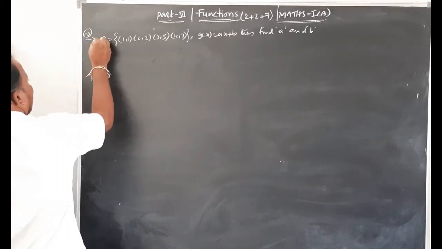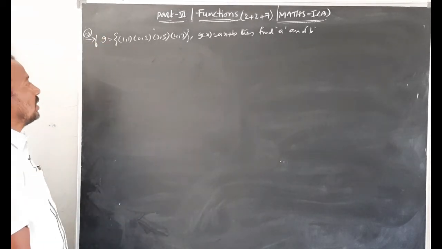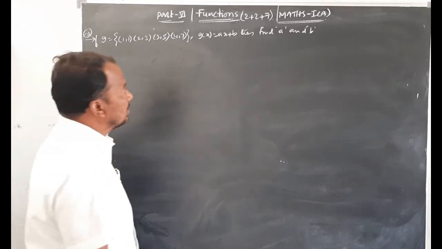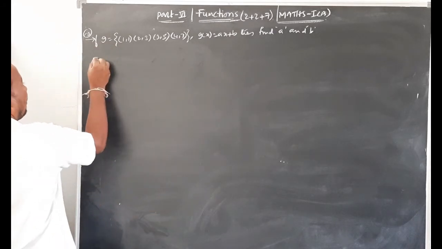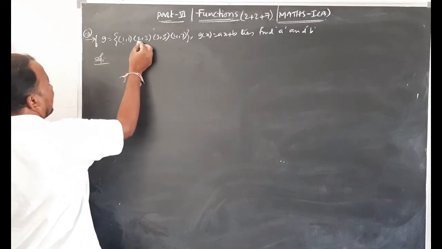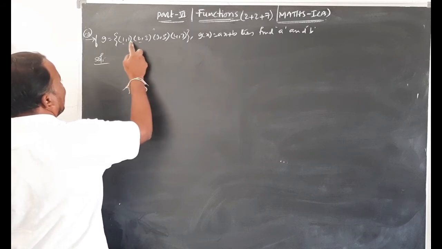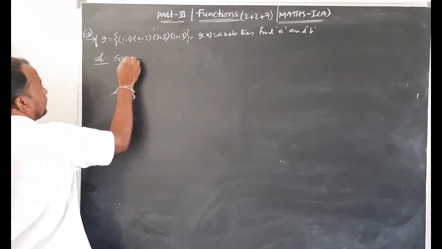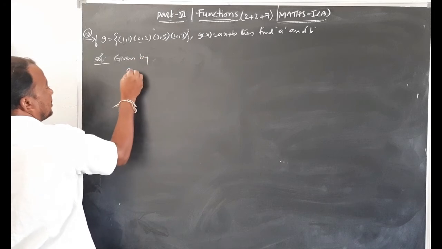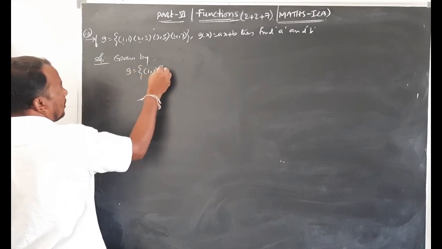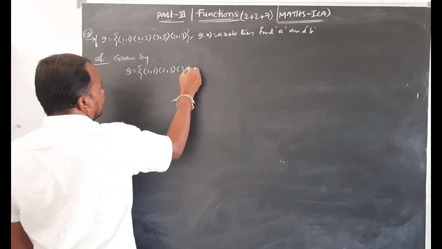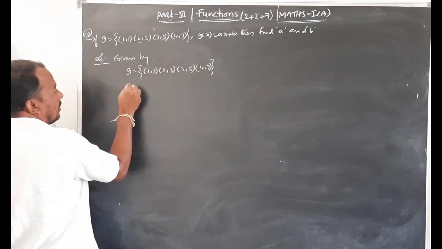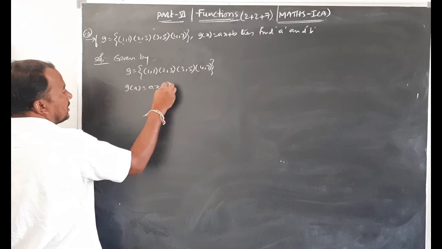If function g equals {(1,1), (2,3), (3,5), (4,7)} and g of x equals ax plus b, then find a and b. The domain elements are 1, 2, 3, 4 and the range is 1, 3, 5, 7. Given g of x equals ax plus b.